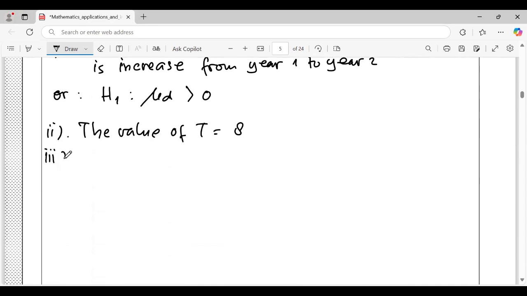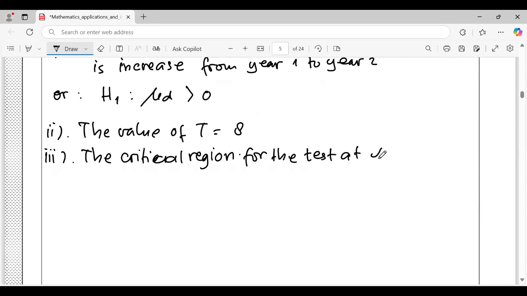And third, the critical region for the test at alpha, or significance level, 5% or 0.05, is T less than or equal to 5. Since T equals 8, and 8 is greater than 5, we do not reject the null hypothesis.